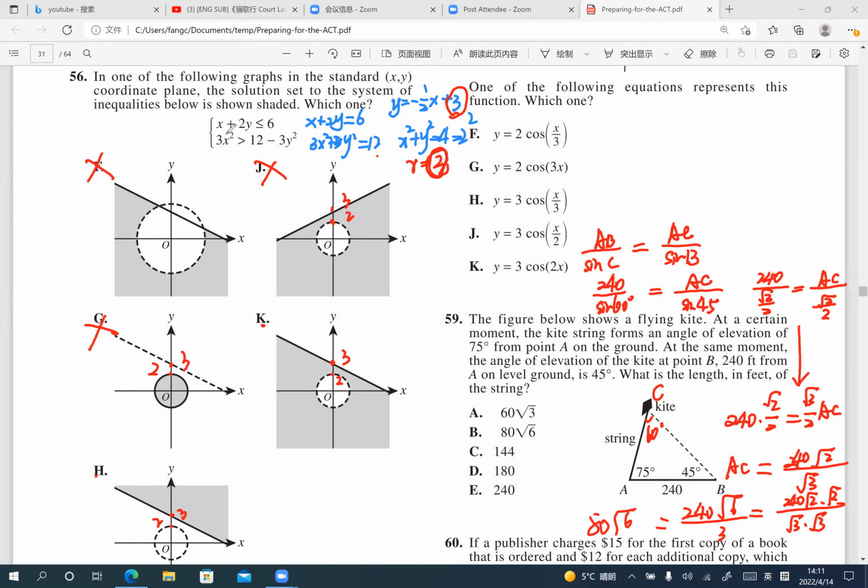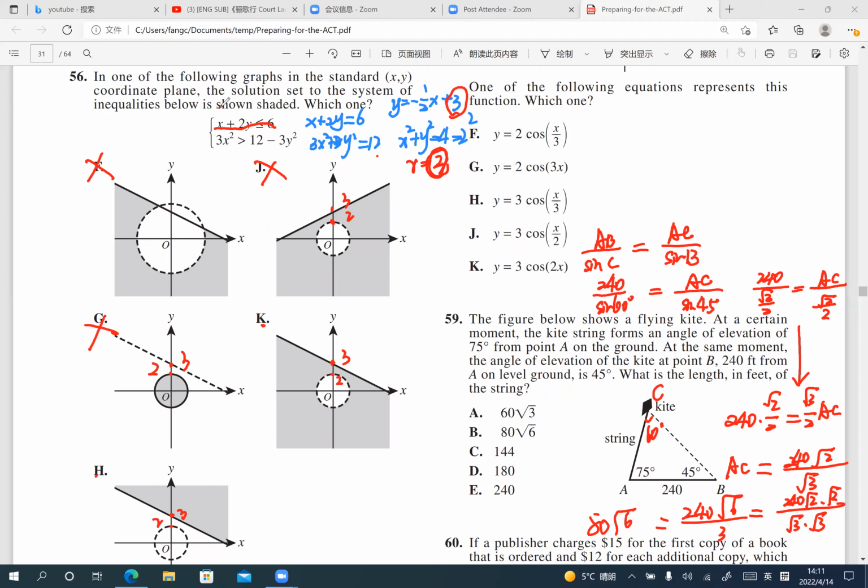We need to find the area defined by the first inequality. We use a point to test which half represents the area x plus 2y less than or equal to 6. We use the origin to test it.